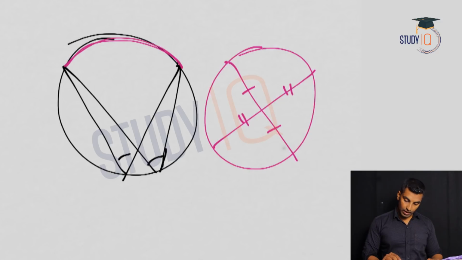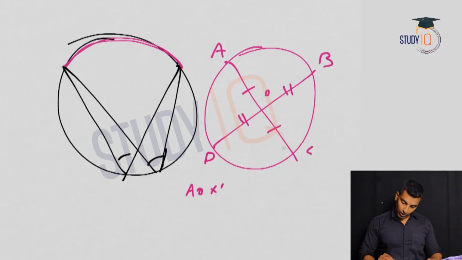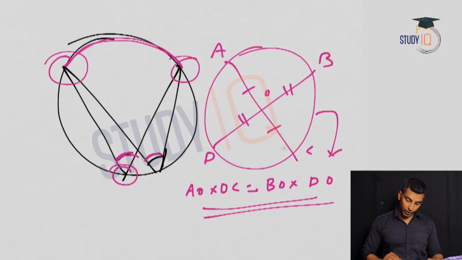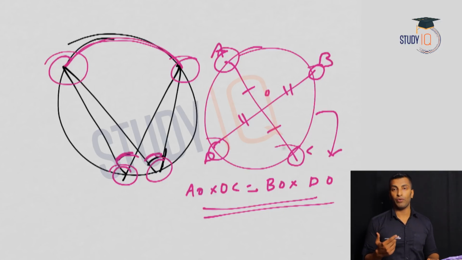So if it is A, B, C, D, O, AO into OC is equal to BO into DO. So this is what you need to remember if it is a length based question, and this is a property that you need to use if it is an angle based question, provided you have 4 points on the circle. Okay, so it's a revision of what we have discussed in the previous lecture only.